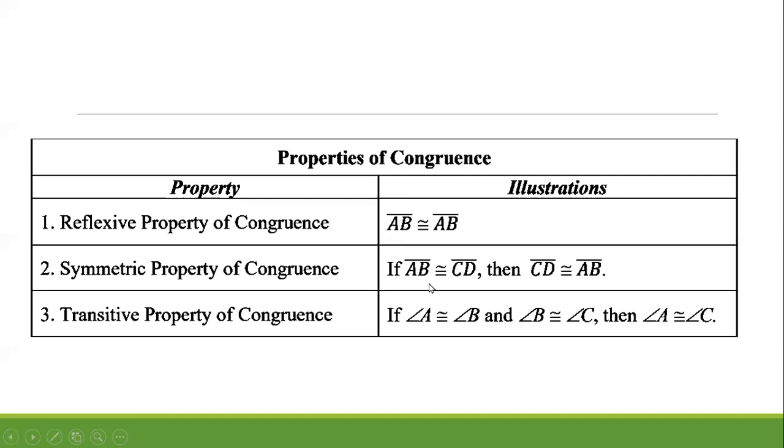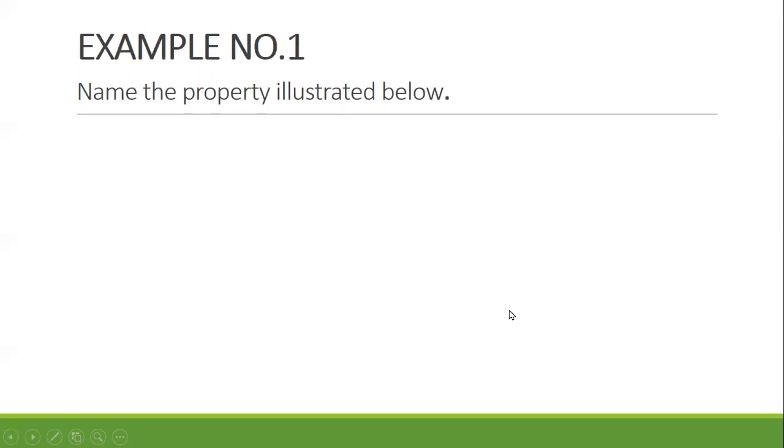If segment AB is congruent to segment CD, then segment CD is congruent to segment AB. Okay. Next, we have the transitive property of congruence. If angle A is congruent to angle B and angle B is congruent to angle C, then angle A is congruent to angle C.